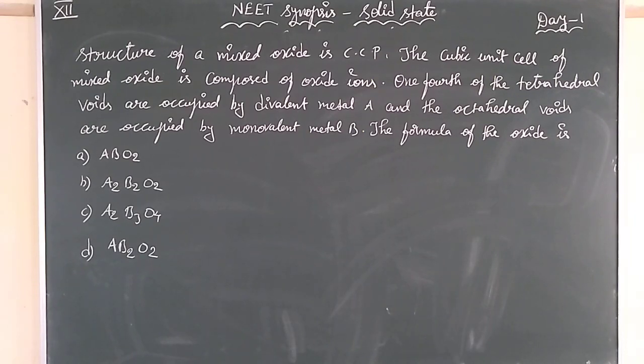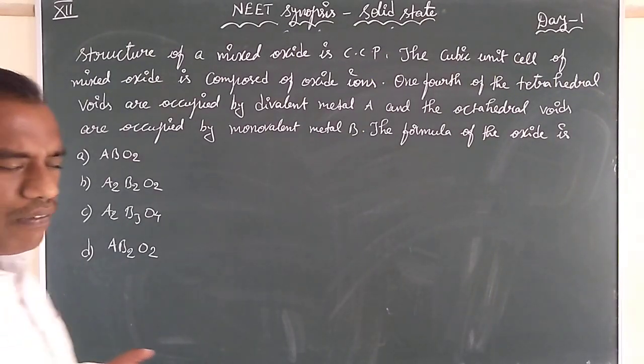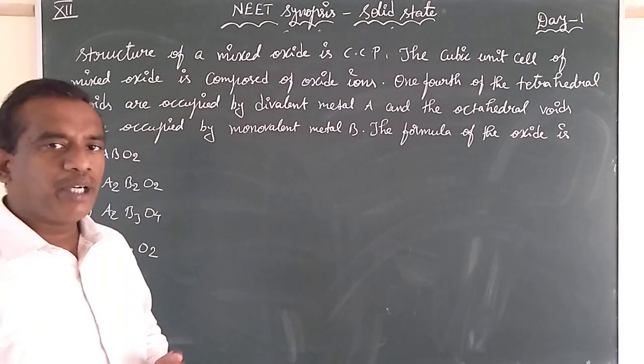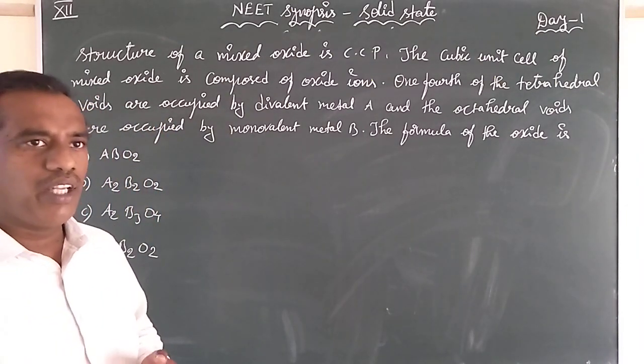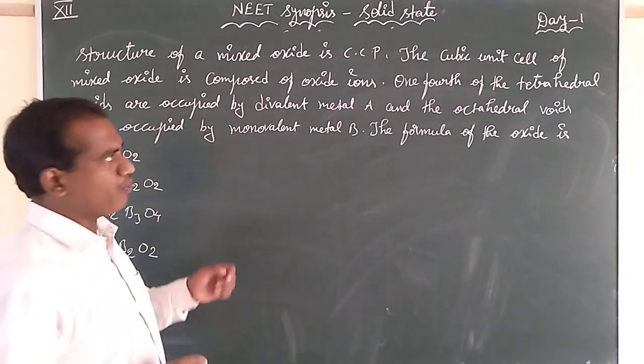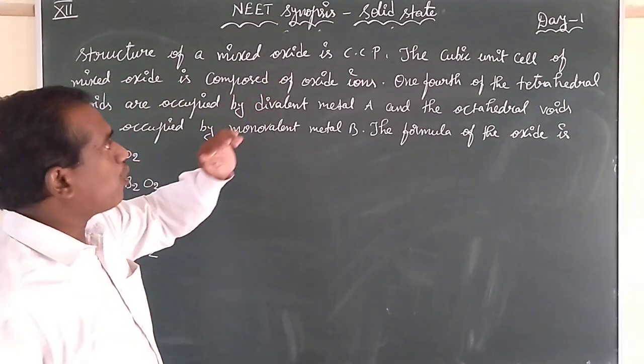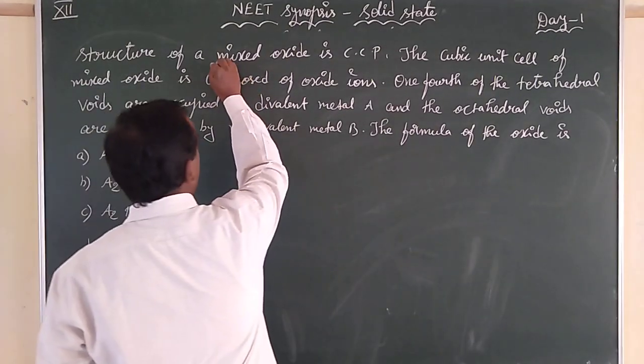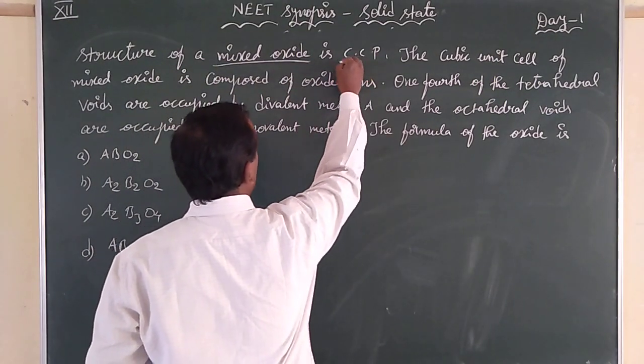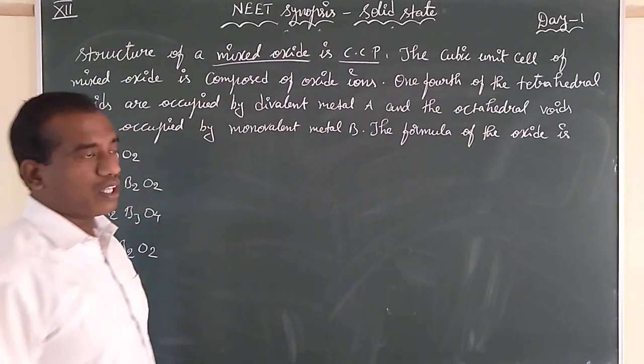Regarding this, I had written one question on the board, on writing the formula of a compound. Let me read the question, then I will explain the concept to you. The structure of a mixed oxide is CCP.